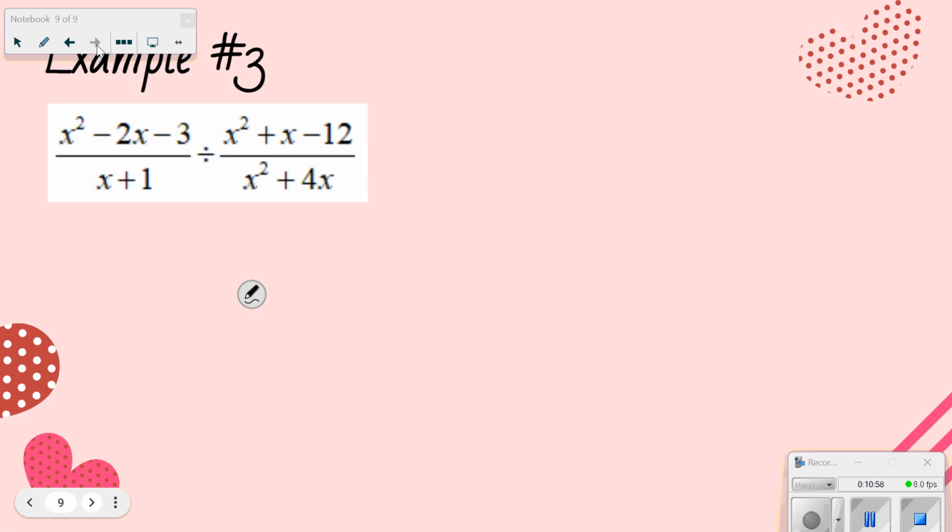Before I factor, how do I just divide in general? I flip it, and I have to change my division. Good. So the problem I'm really doing is I'm keeping my first fraction, which is x squared minus 2x minus 3 over x plus 1.